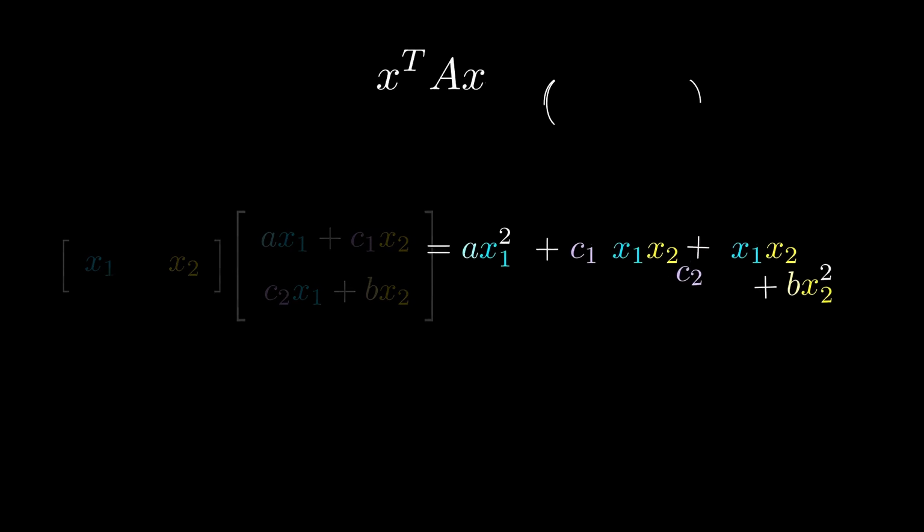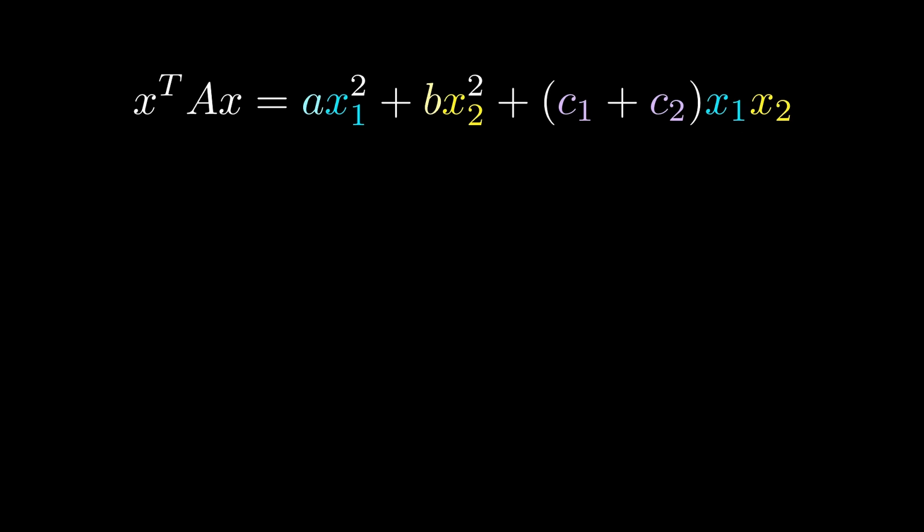Distributing and simplifying, we get this. Hey, would you look at that? We've got an x1 squared term, an x2 squared term, and an x1 times x2 term. And in front of each term is a constant that comes from the values in our A matrix. So, by choosing those A matrix entries, now we can represent any quadratic form using this notation.